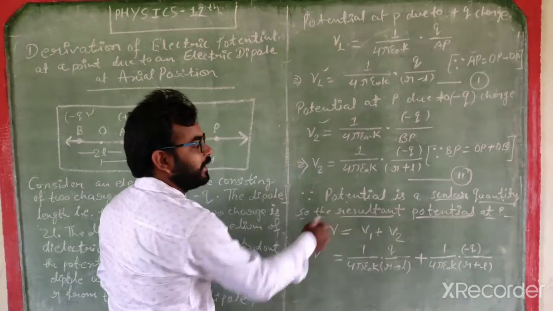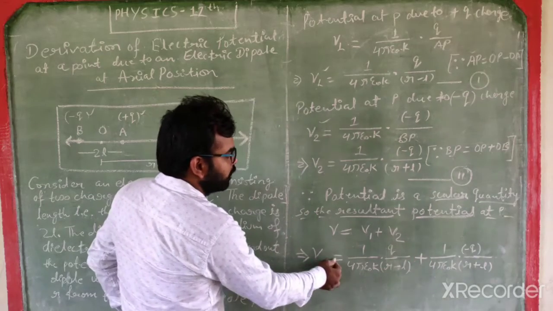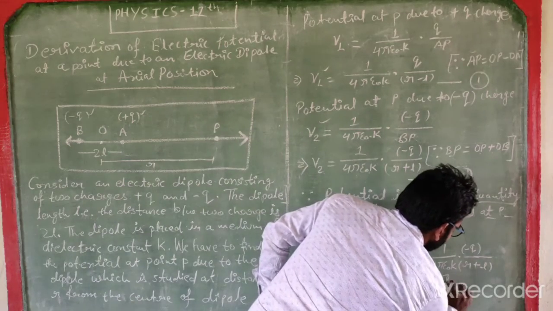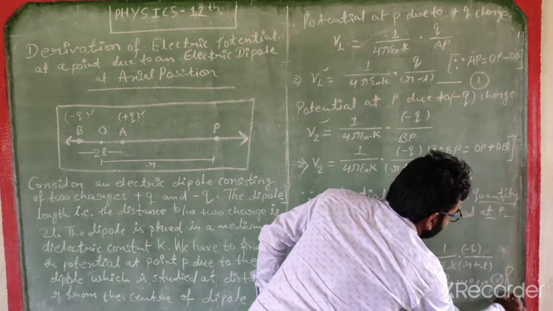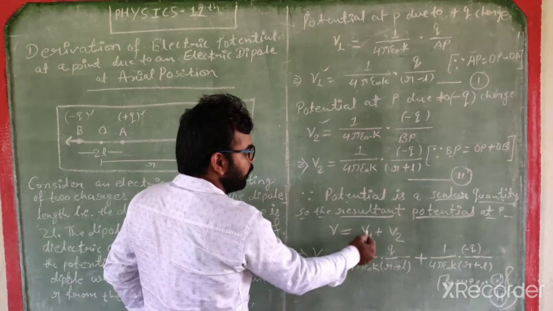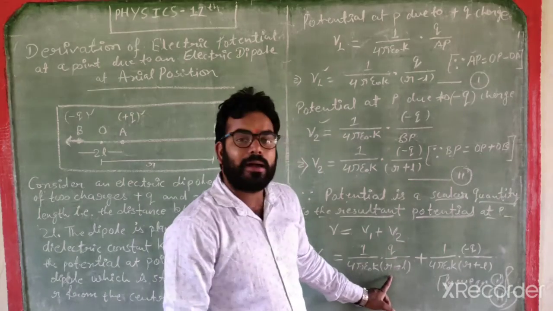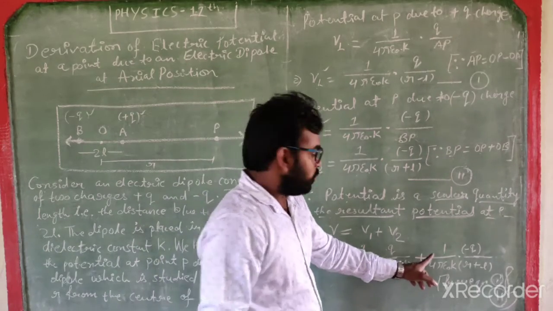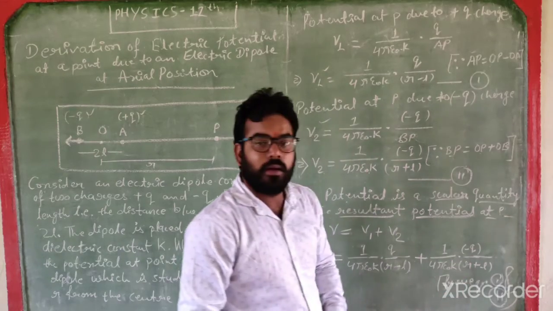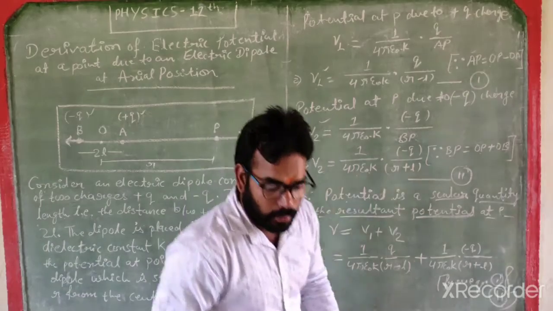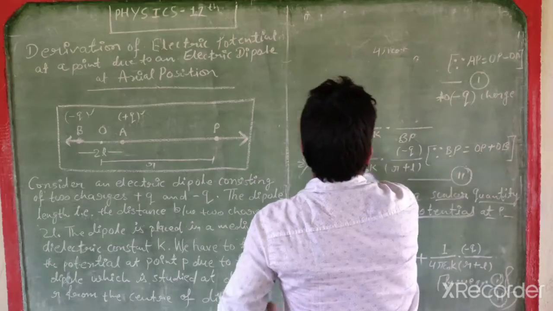So the resultant potential V is equal to V1 plus V2. From equations first and second, V is equal to V1 plus V2, that is, 1 upon 4 pi epsilon naught K into Q by R minus L, plus 1 into minus Q by 4 pi epsilon naught into K into R plus L, and we find the total potential.